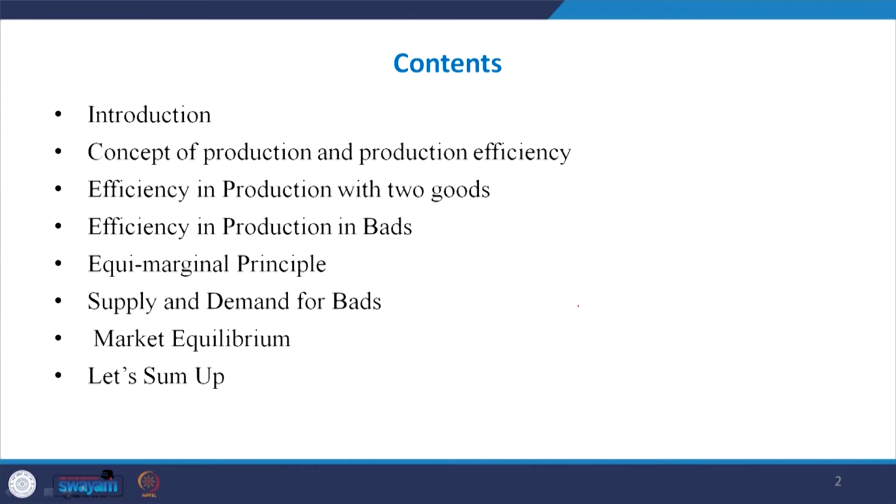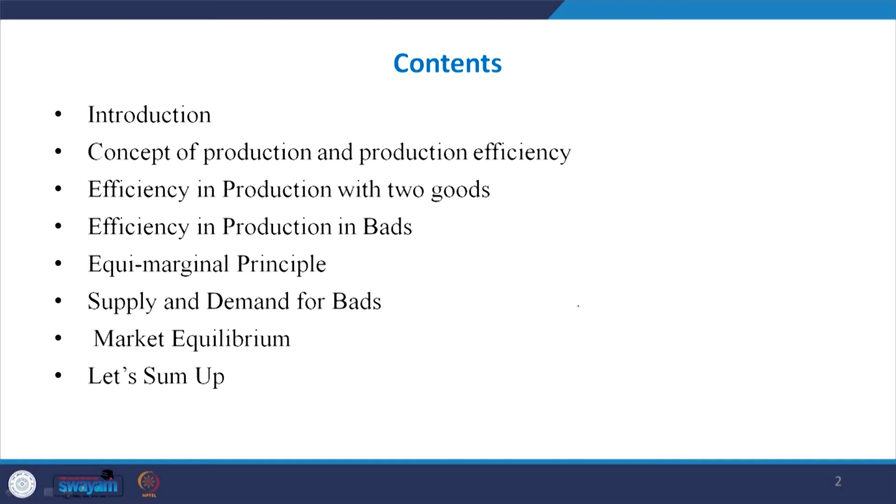In this lecture you will study the concept of production, what we mean by production, what is production efficiency, and then you will also study the efficiency in production when both the goods in the isoquant are good products.